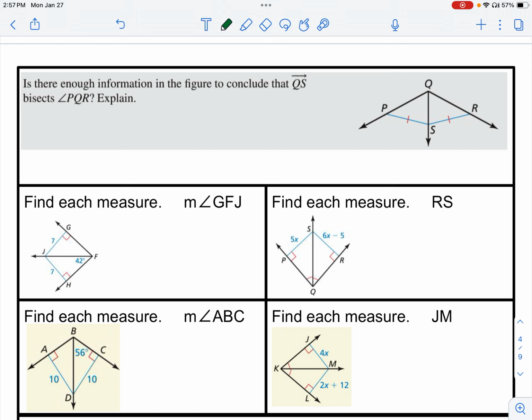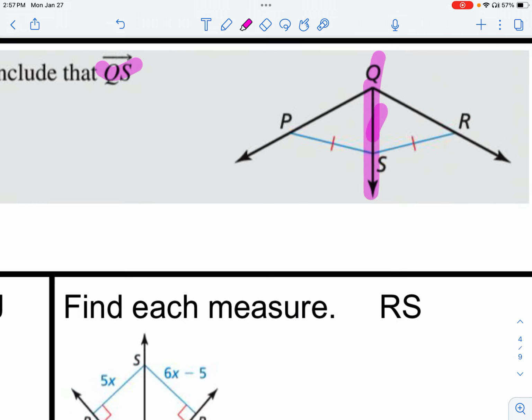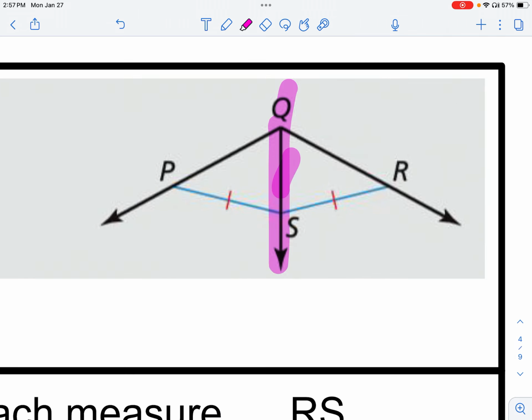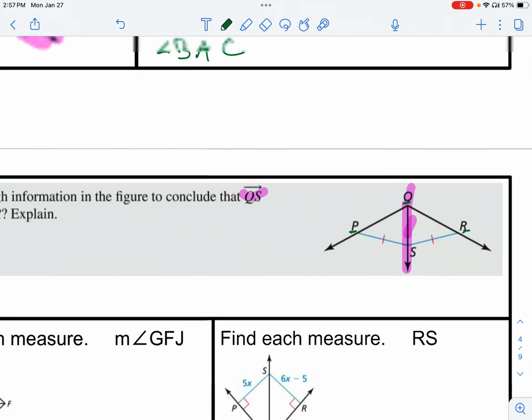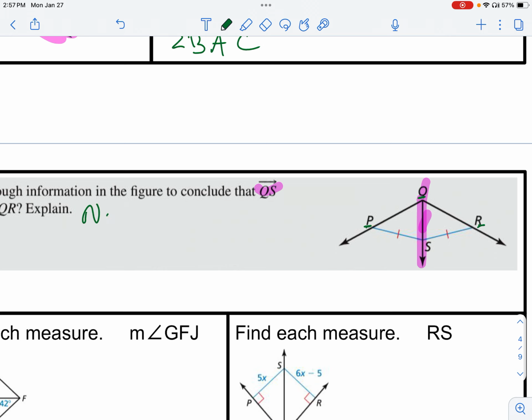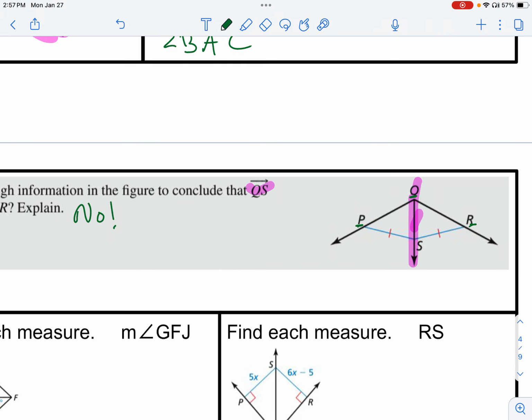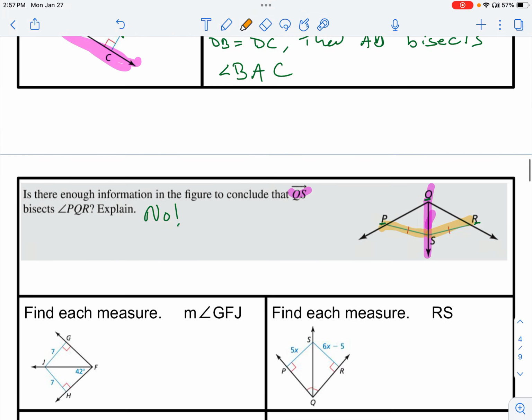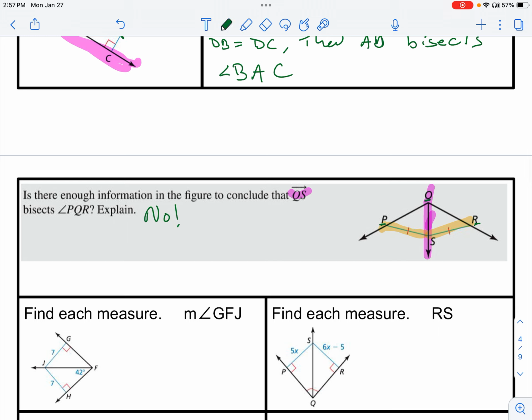So is there enough information to conclude that QS bisects angle PQR? And the answer is clearly no. Because PS and RS aren't being measured at the perpendiculars.